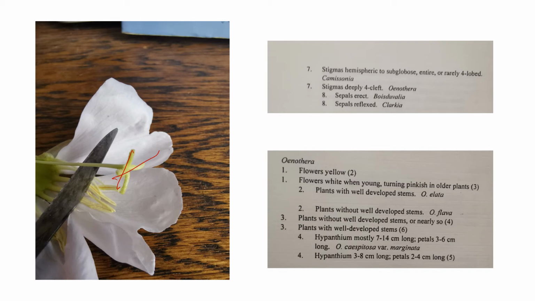I keep bumping that. And we can ask if the hypanthium is mostly 7 to 14 centimeters long, or the petal is 3 to 6 centimeters long, or if the hypanthium is 3 to 8 centimeters with the petals 2 to 4.